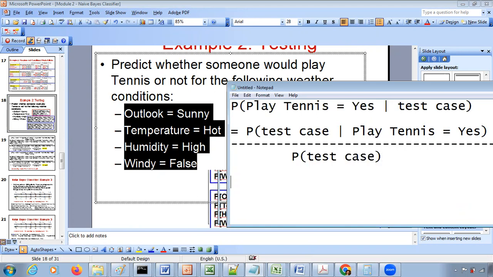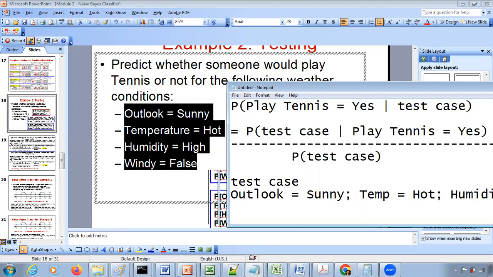In the test case, outlook is sunny, temperature is hot, humidity is high, and windy equals false. So that's a combination.